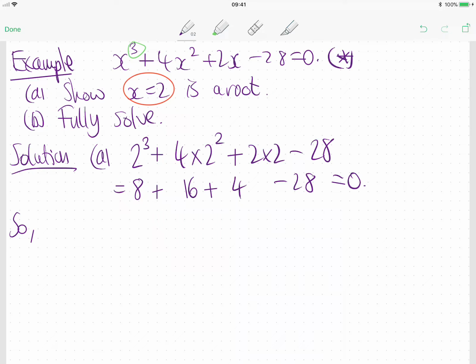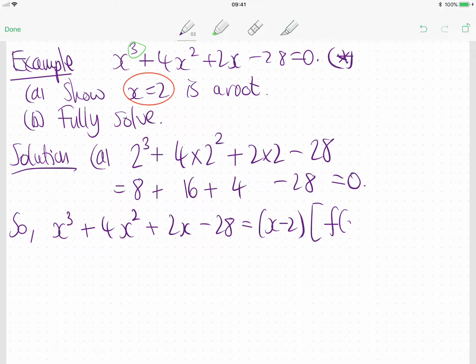Okay, so what does this tell us? Well, it gives us some clue into the shape of the cubic. It tells us the cubic can be written in the following way. It can be written as x take away 2, because 2 is a root, times some other function in here. So let's just study this for a moment. On the left hand side we have highest power of 3.